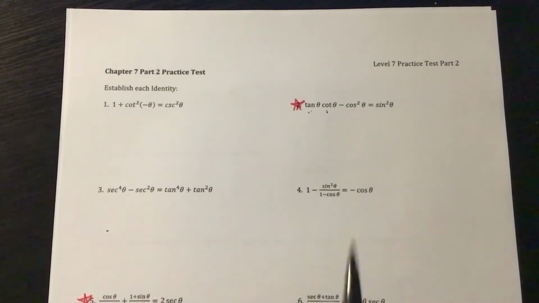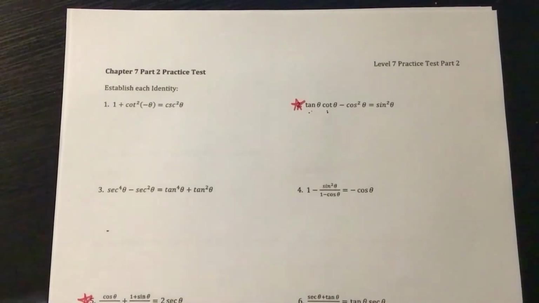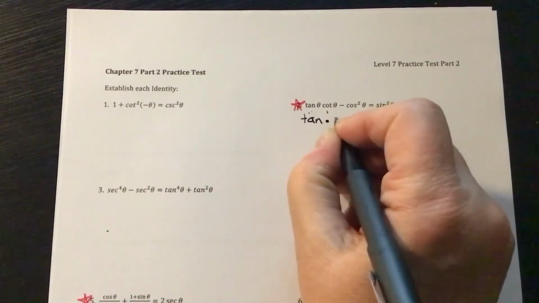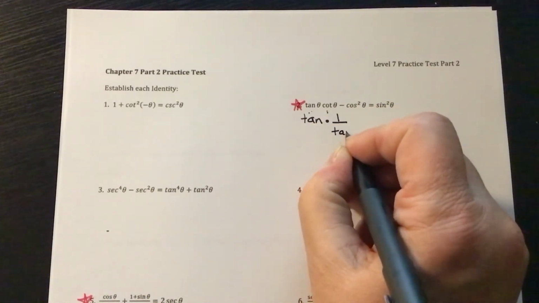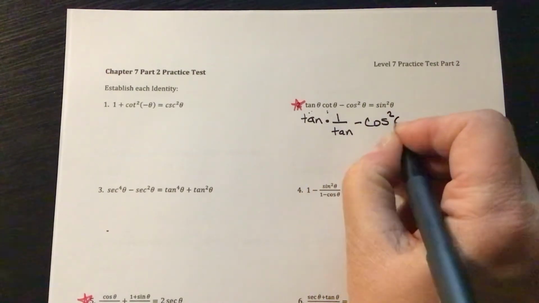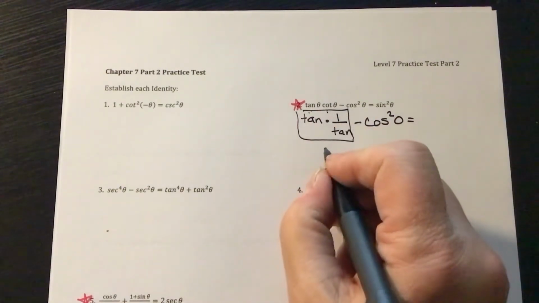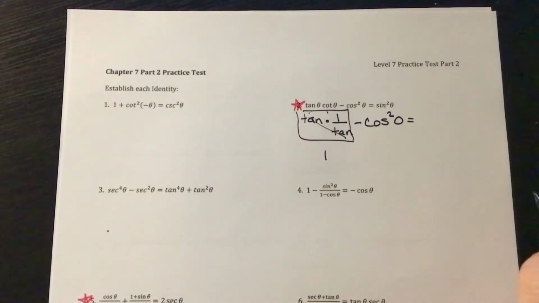As I look at tangent and cotangent, I notice that these are reciprocals of each other. So if I write tangent times 1 over tangent, that's what cotangent is, minus cosine squared of the angle. I know that this part here is 1 because tangent and tangent will cancel.